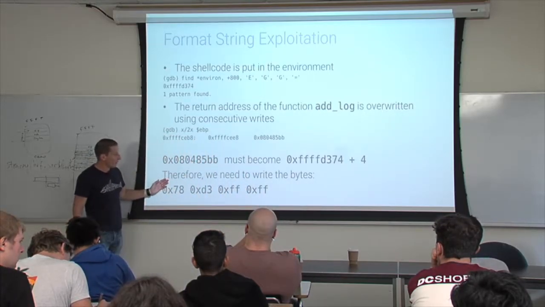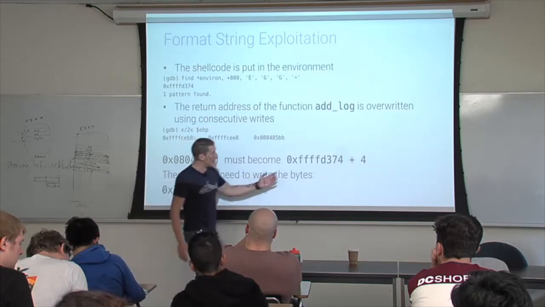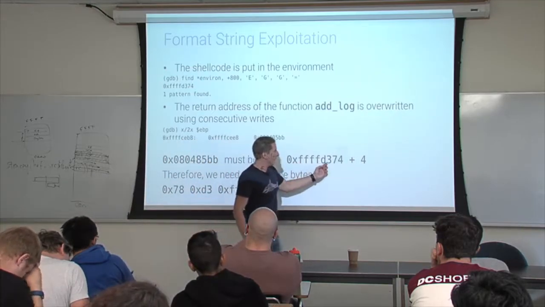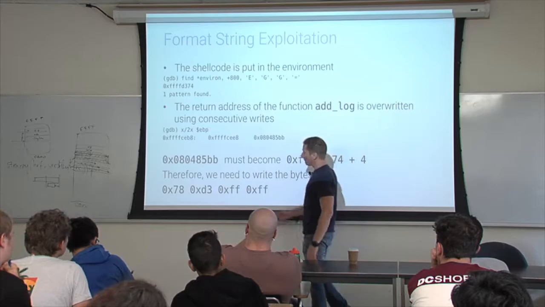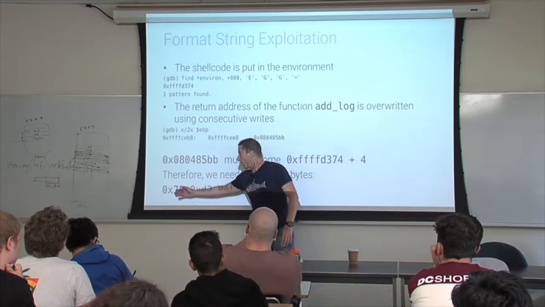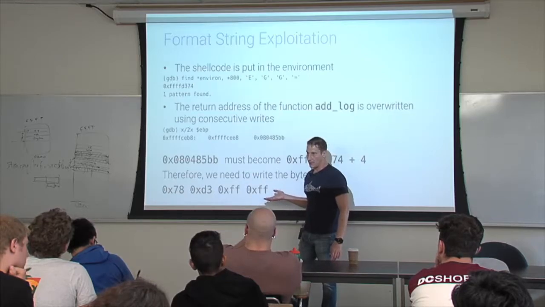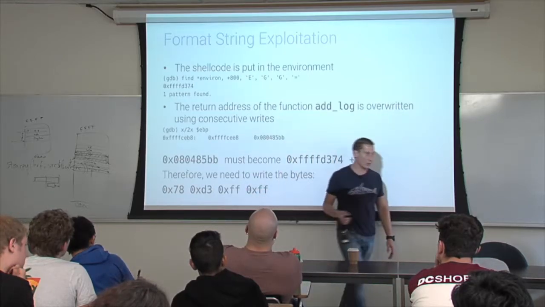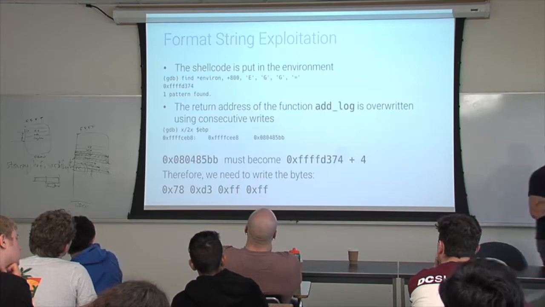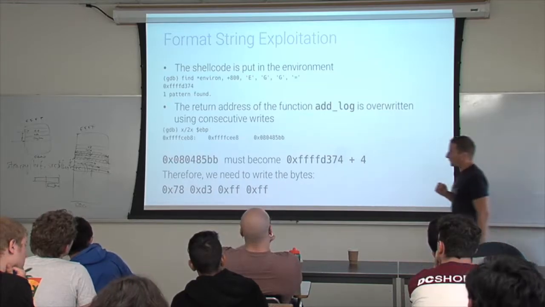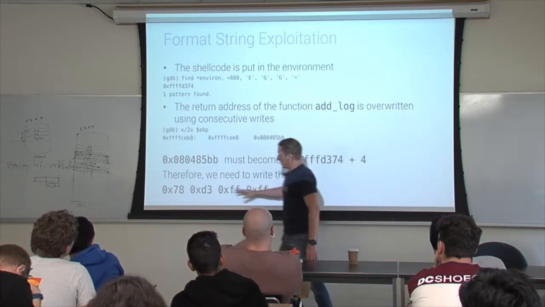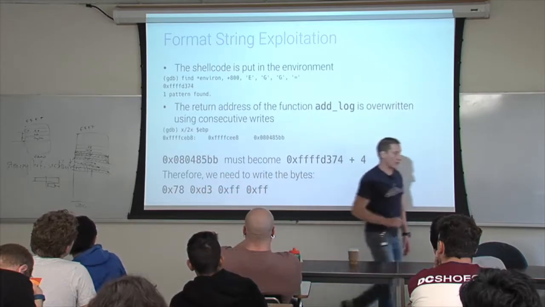Therefore, we have to write the bytes FF, D3, 74, and 78, of course in reverse order because it's little endian, and we have to remember that, otherwise it won't work. So how do we write these 4 bytes? Well, there are various techniques that you can use.